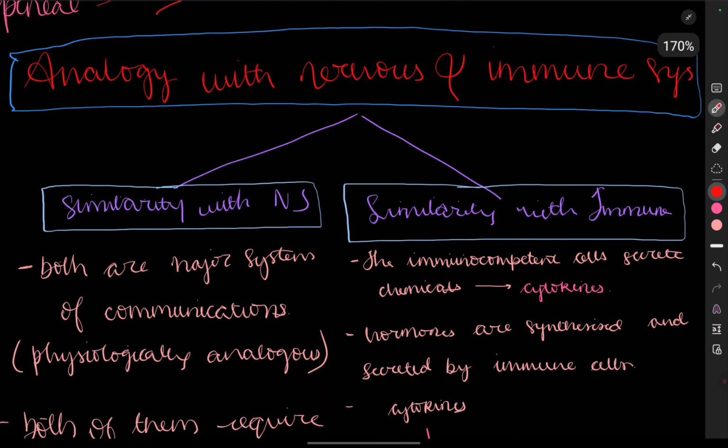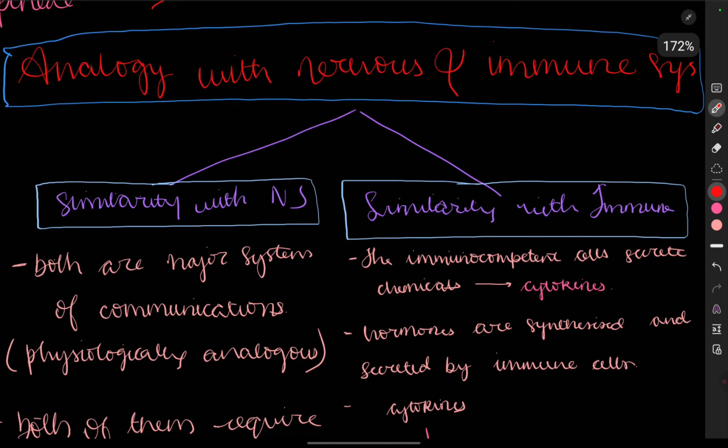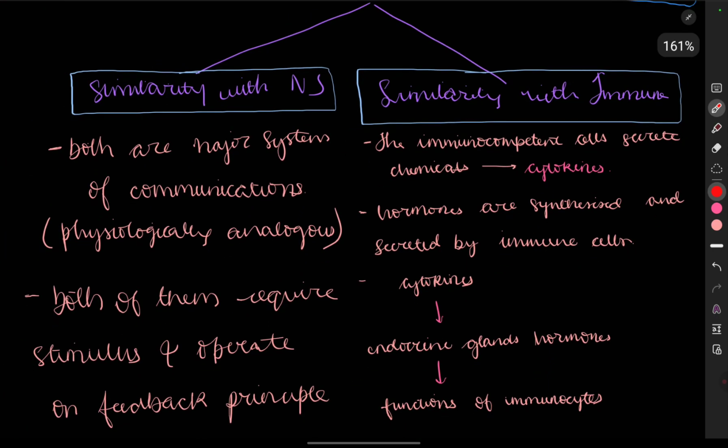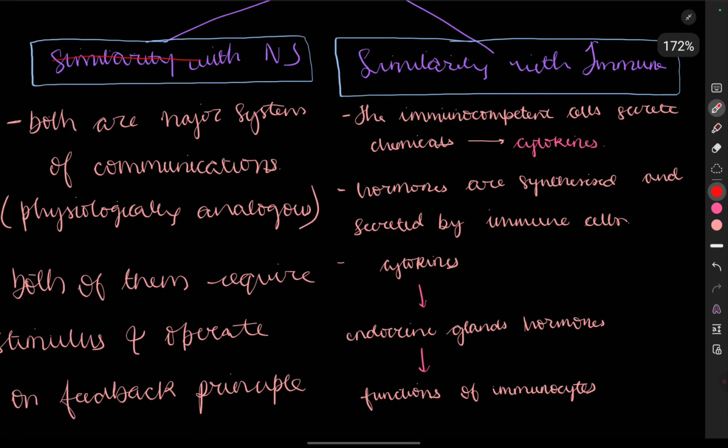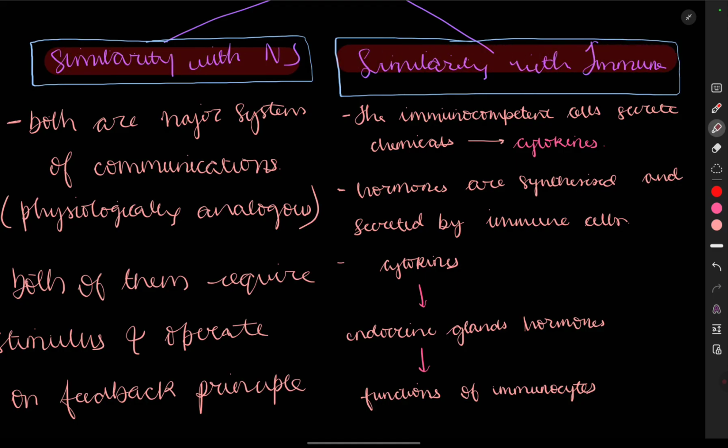Now, moving on to the next topic. It is the analogy with the nervous and immune system. First we'll see the similarity with the nervous system, and then the similarity with the immune system. Both are major systems of communication.